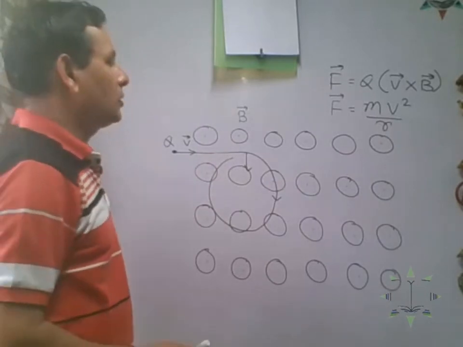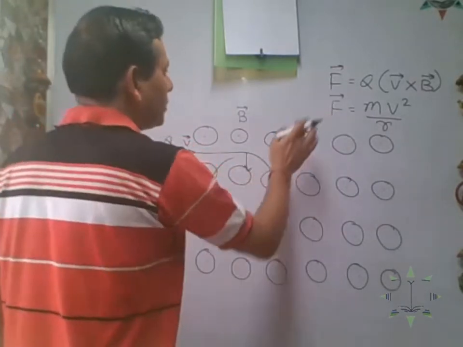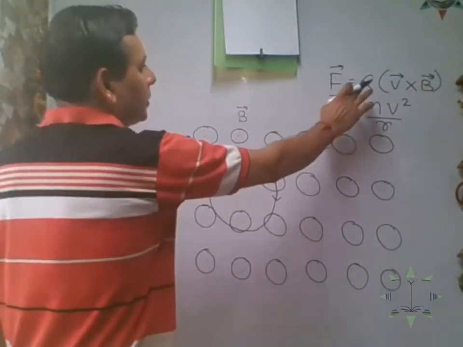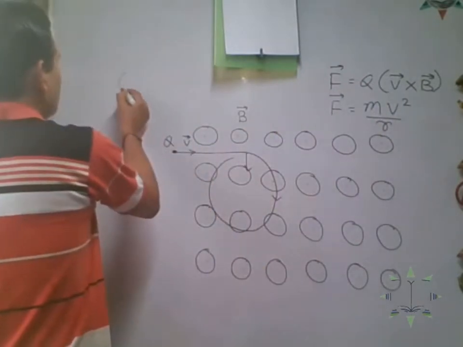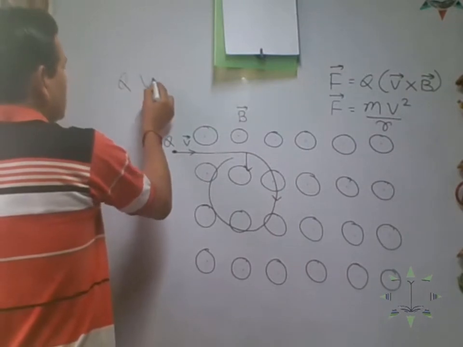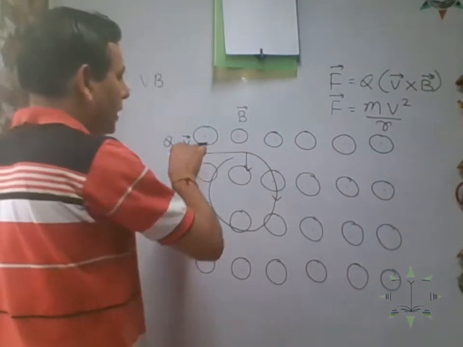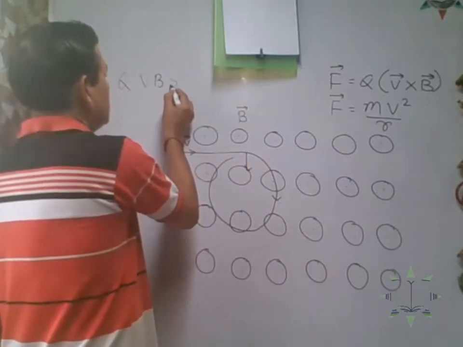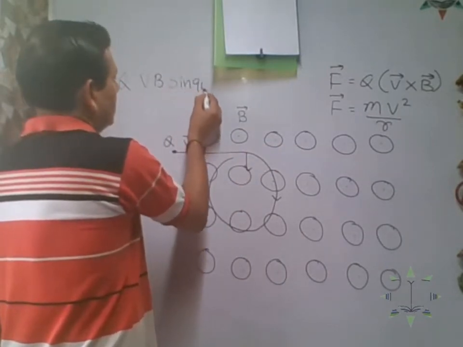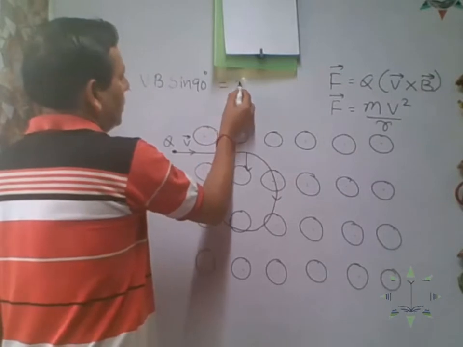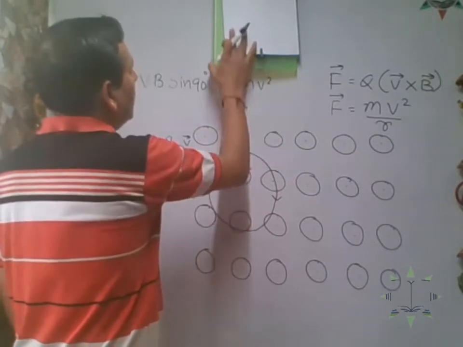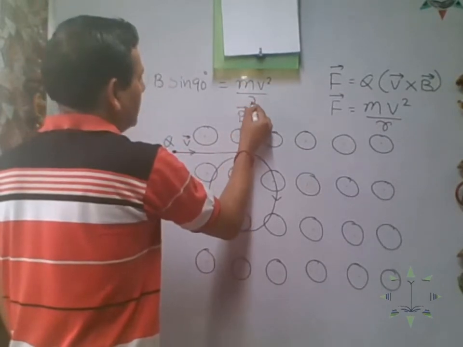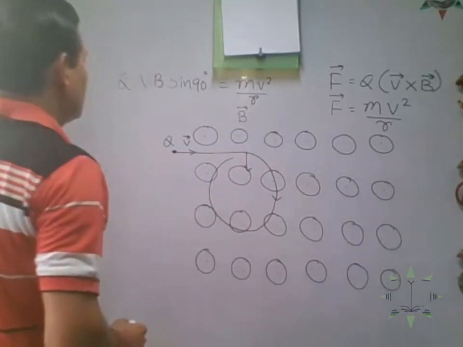So this force due to the magnetic field, if we expand it, is Q into velocity into magnetic field, and the direction of velocity and the direction of the magnetic induction vector are at 90 degrees, sin 90 degrees, equal to m v square by r.